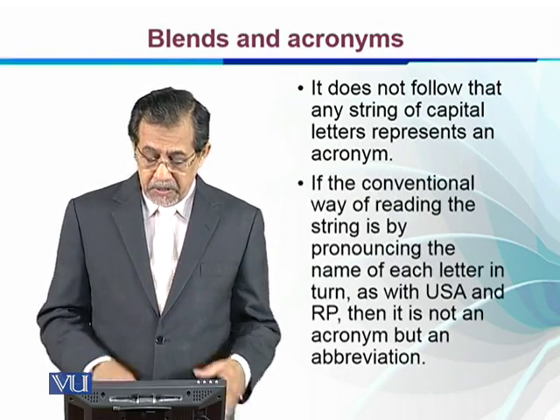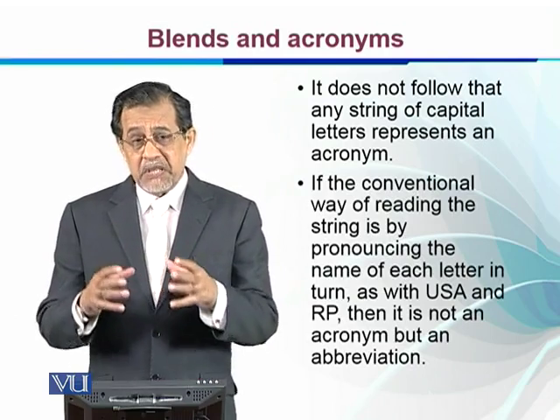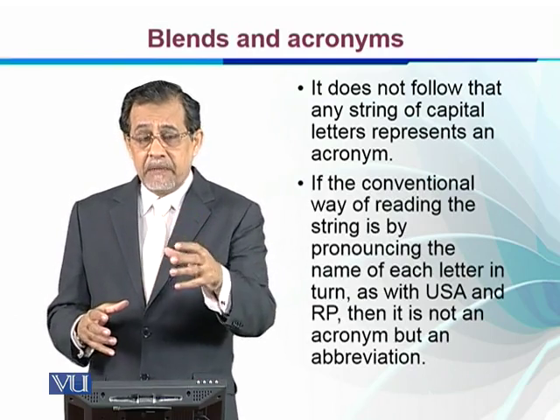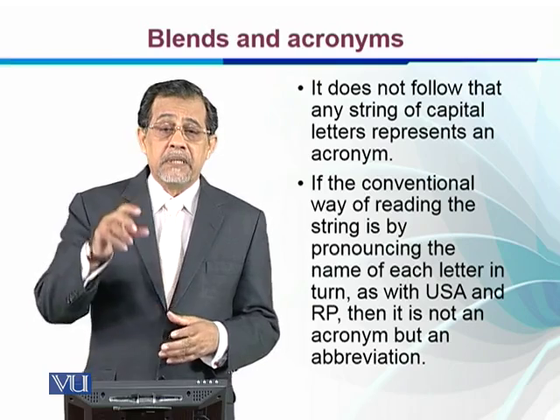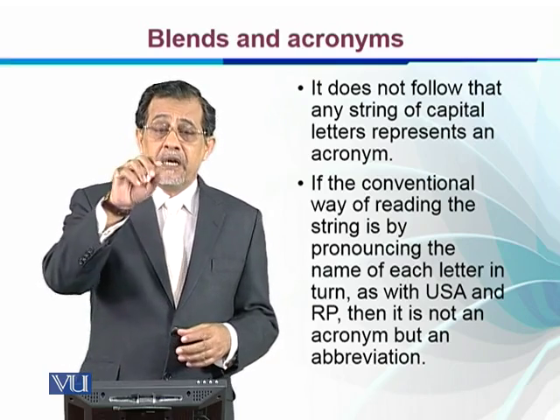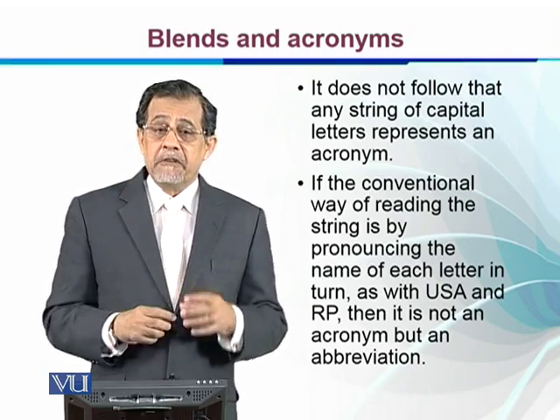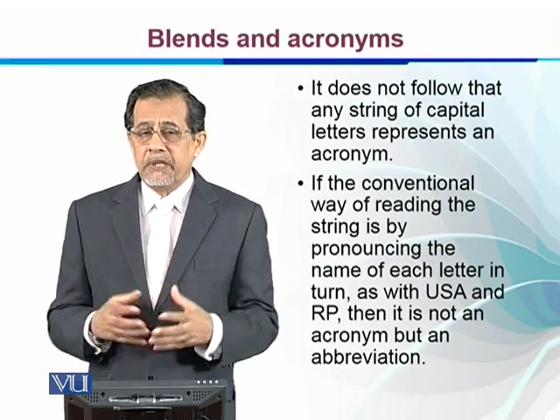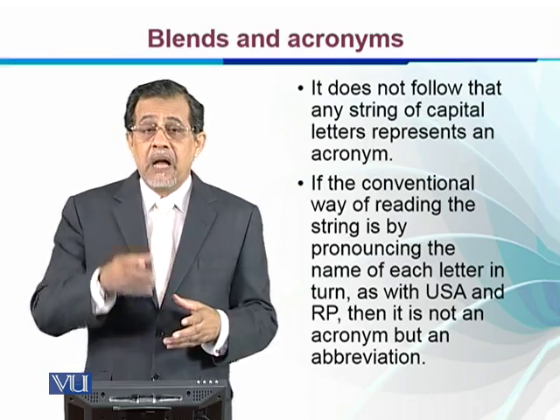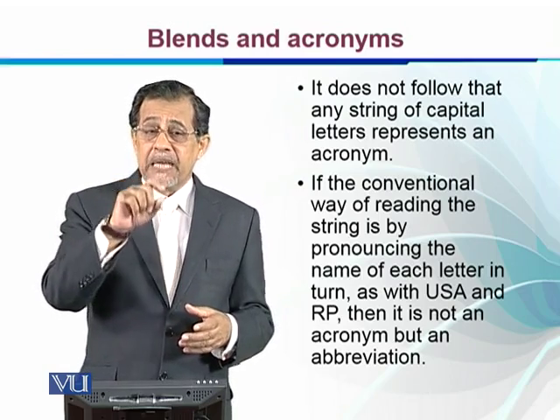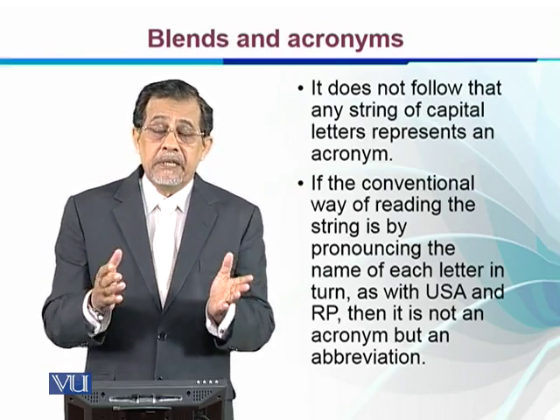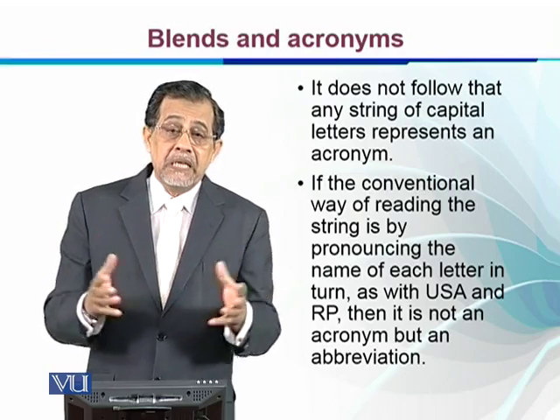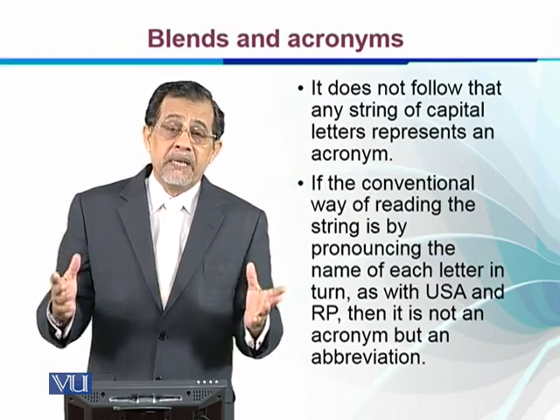For example, linguists make a difference between acronym and abbreviation. If taking first letters we form a word and pronounce it like a word, most of the linguists call it acronym. However, if we pronounce the initials separately, many linguists call them abbreviation.